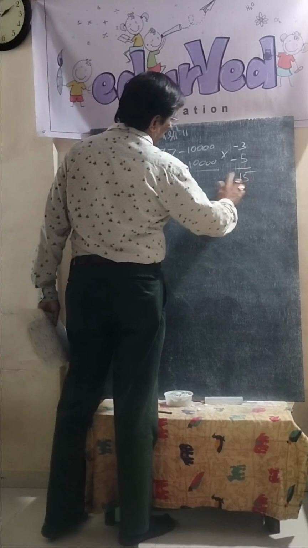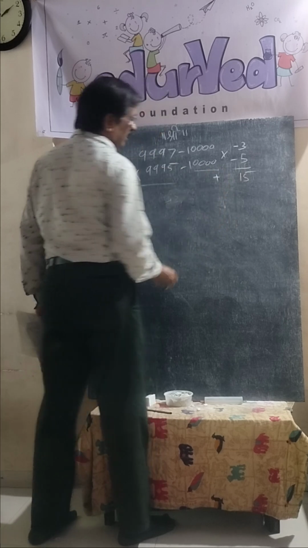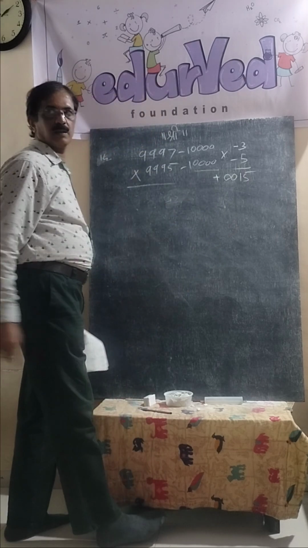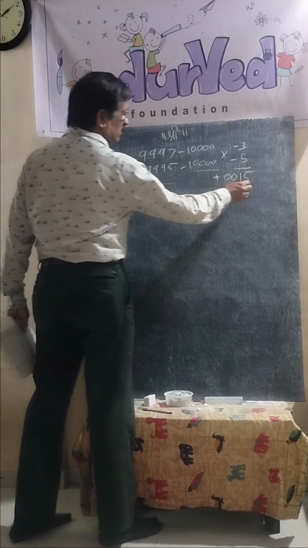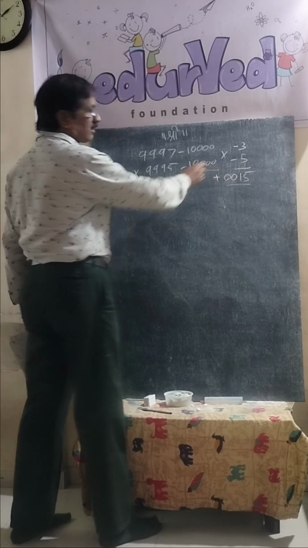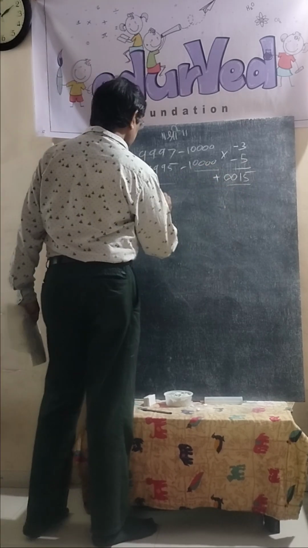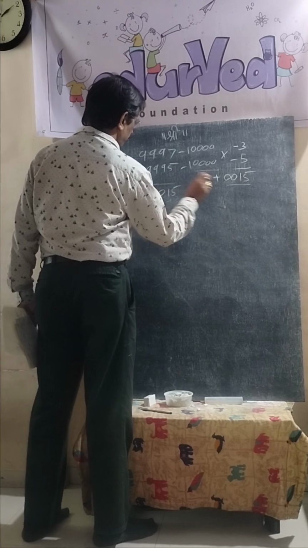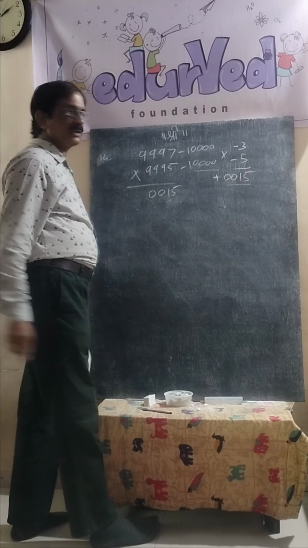So for convenience you have to write 2 zeros over here so that you won't make a mistake. The adding of zeros is important in this case.